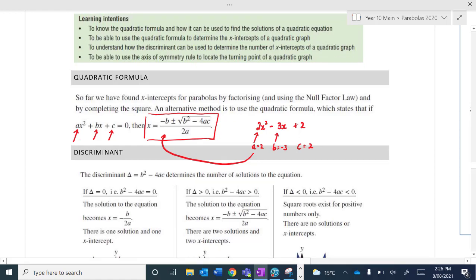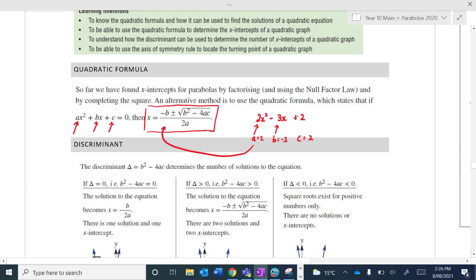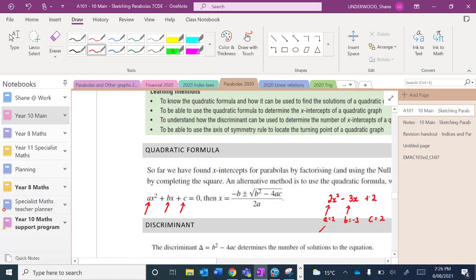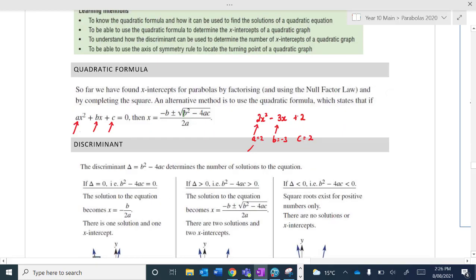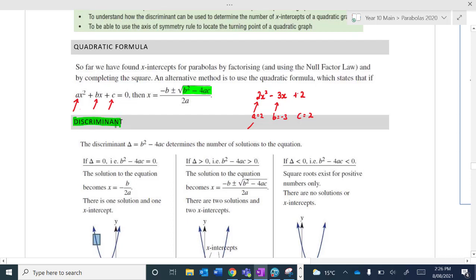Okay, so first of all, if we go back and look at the quadratic formula, we can hopefully see there's what we call a discriminant, and the discriminant is the thing inside the square root. So we've got this b squared minus 4ac inside of here, and this is what we call the discriminant.